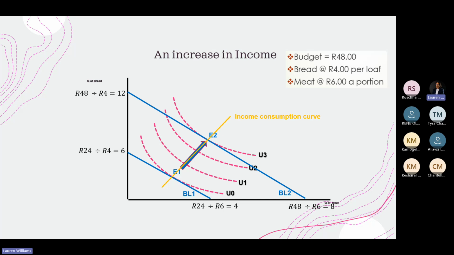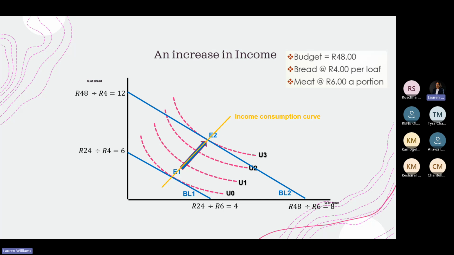So what happens if your budget now increases? It originally was 24, and now it's higher. So our original curves, we're drawing our utility curve, multiple utility curves. Okay. Our intercept points, there's our budget line. So at a point where the two are tangent, you are in consumer equilibrium.